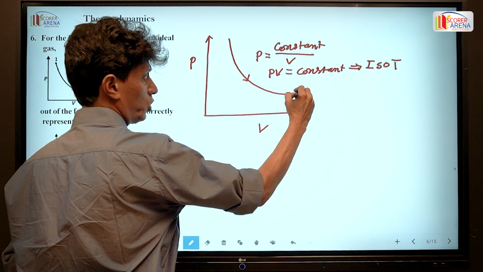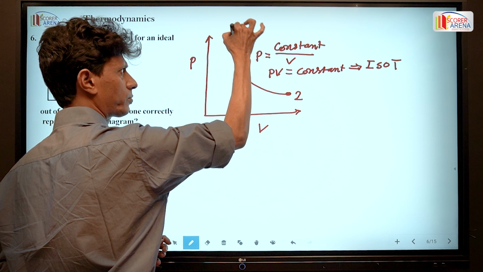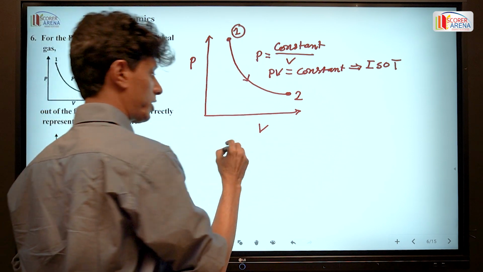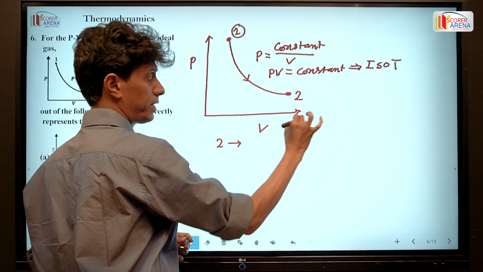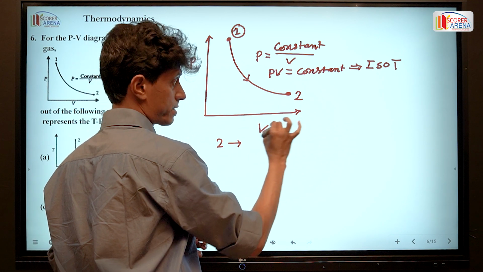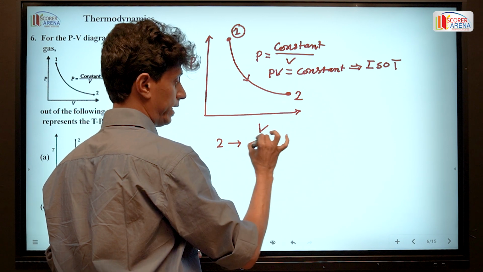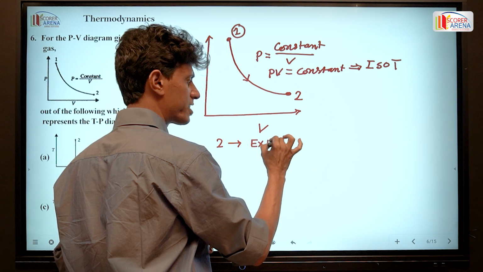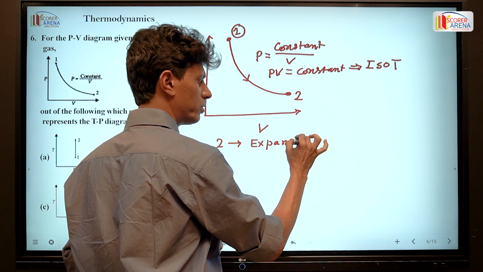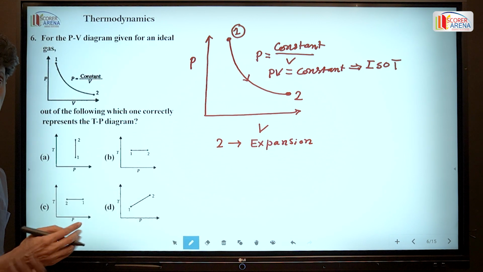This is given 2 or this is given 1. Here 2 represents volume along the volume axis, that is, it can be written as expansion from the question given.